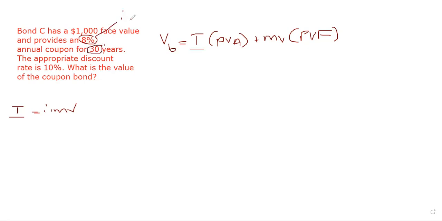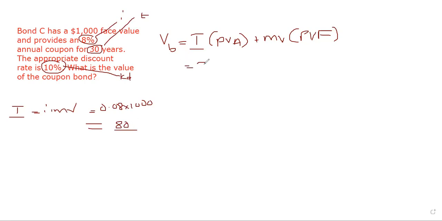So 8% is small i, 30 is the time, and 10% is the market rate, the KD. So small i is 8%, 0.08, and 1,000. That's where the job of the coupon interest ends. So here we're going to get 80.